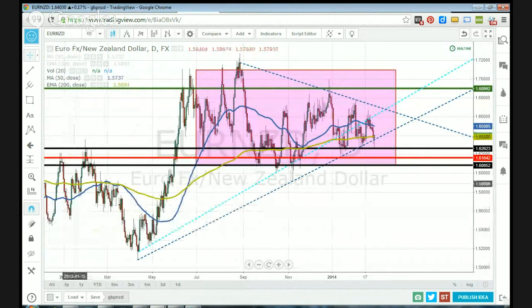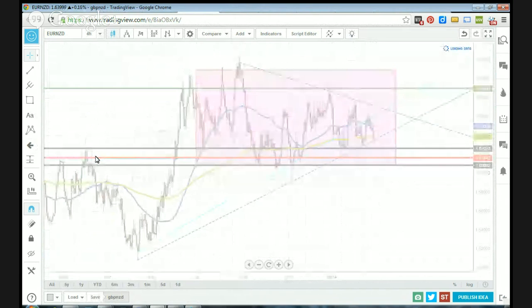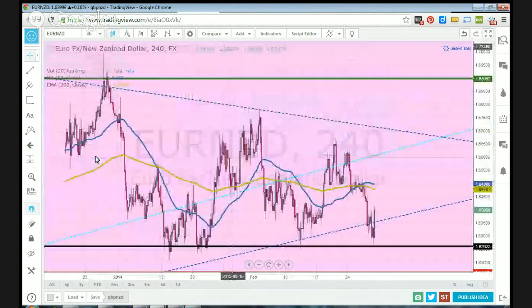Euro Kiwi has fallen to this black line and it has bounced off it. So we're seeing this price action defended. Now, I will go long Euro Kiwi. I'm not sure if it's going to get filled, but that's the issue. I think it's an issue more since I moved to the daily chart.